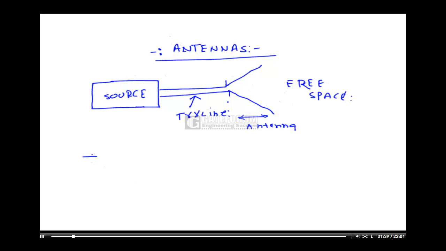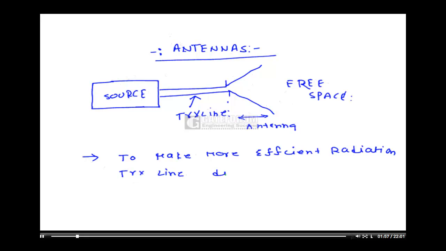The basic principle is to make more efficient radiation. The transmission line dimensions are widened.